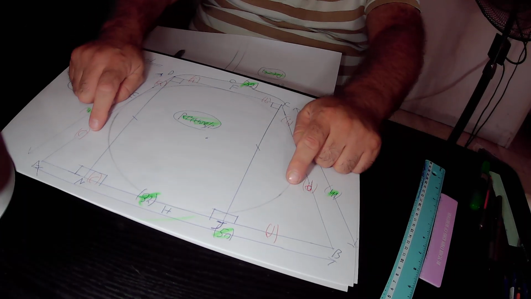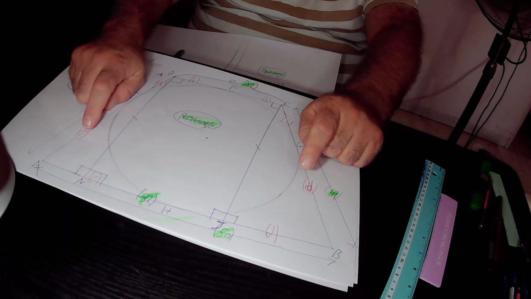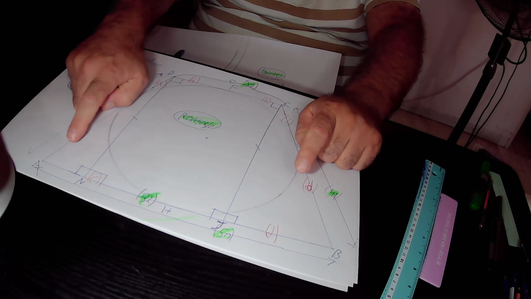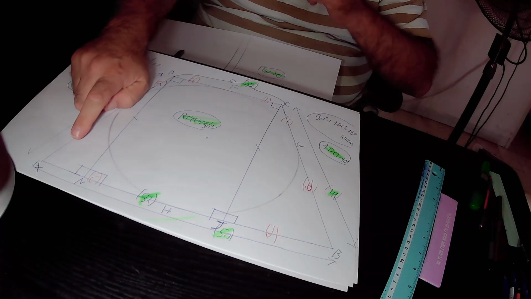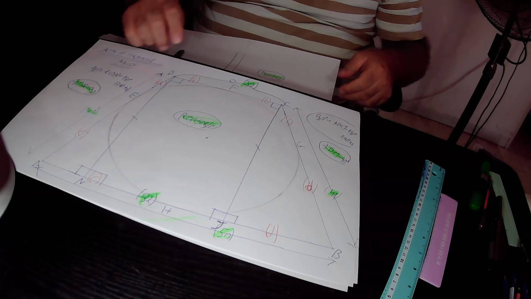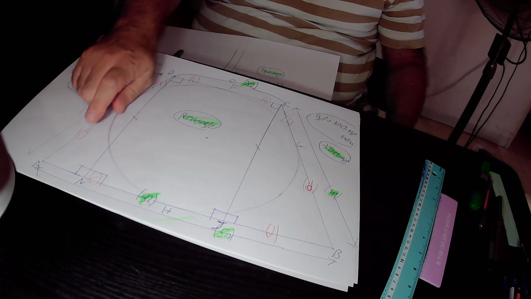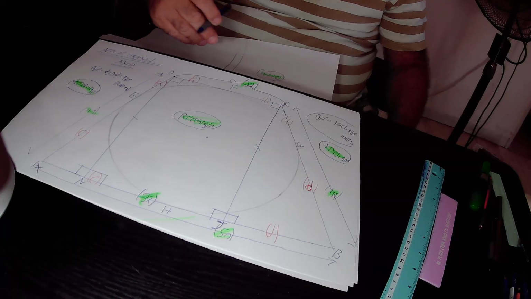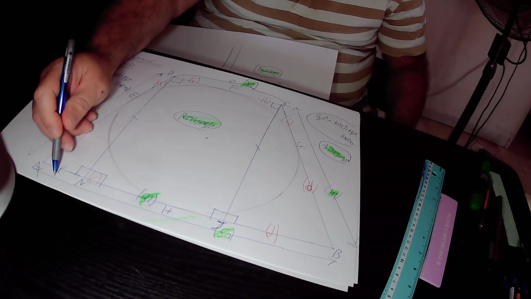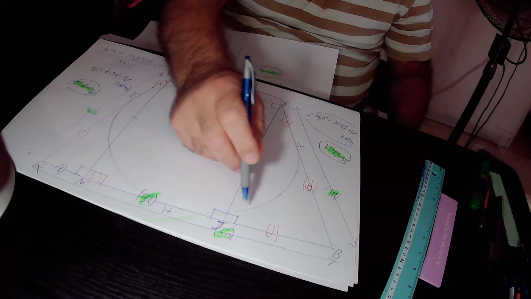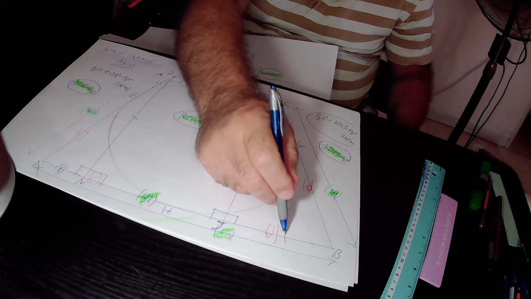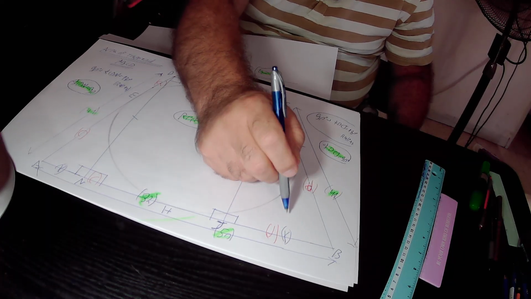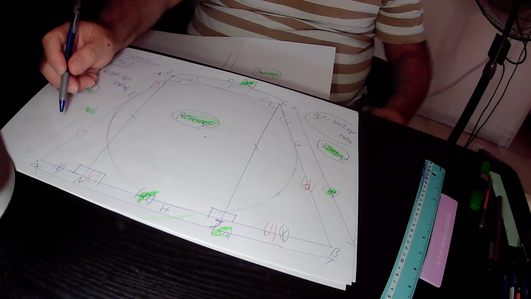Those two triangles can go into each other, therefore the two corresponding sides, that is to say AN and JB, must also be equal to each other in their lengths. So if we define the length of side AN as x, then the length of side JB must also be equal to x because they are equal to each other.